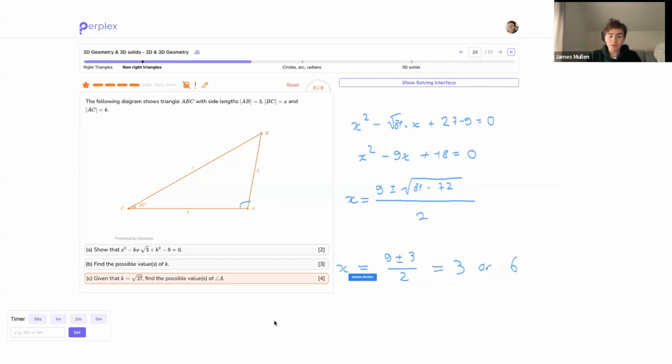To do that, I'm going to use the sine rule. How am I going to do that? I'm going to say that x divided by sine of A is equal to 3 over sine of 30 degrees.